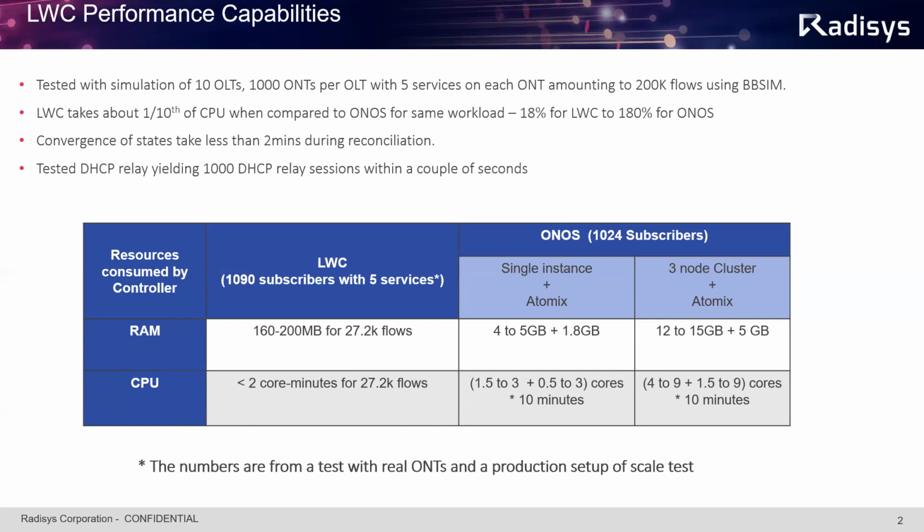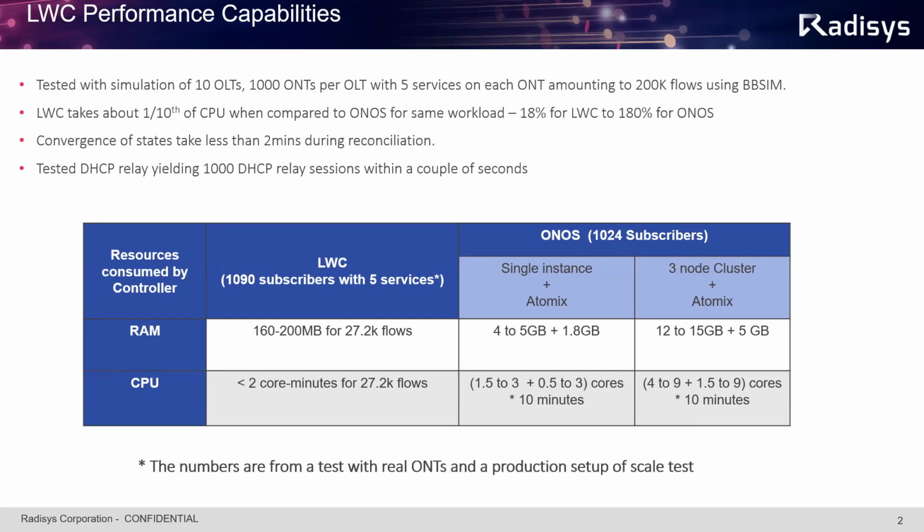Any other questions on the performance that we have been able to see in our implementation, if I may? Any questions on the scale, the measured resource utilization? I think we have gotten the ONOS equivalents correct, but if we are wrong, and anyone can point it out, please do let us know.